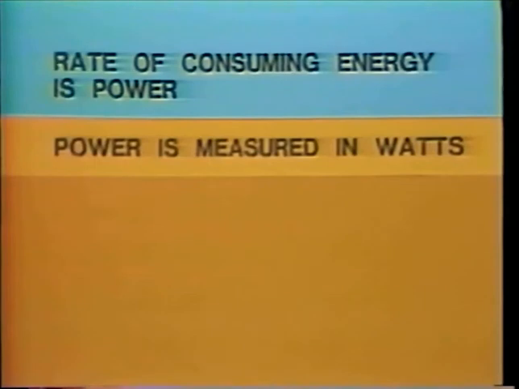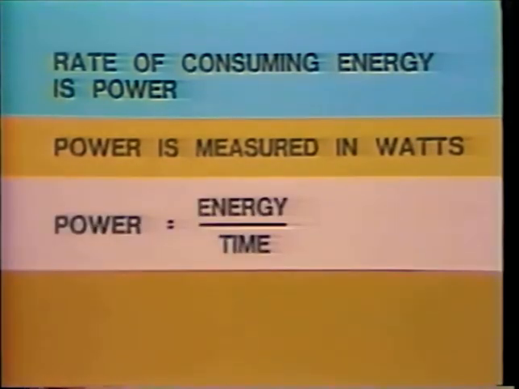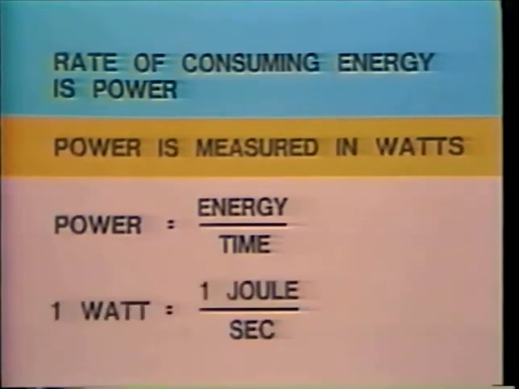It is often important to know how fast a load is consuming energy. The rate at which energy is consumed is called power and is measured in watts. That is, power is equal to energy divided by time. 1 watt is equivalent to consuming 1 joule of energy in 1 second.